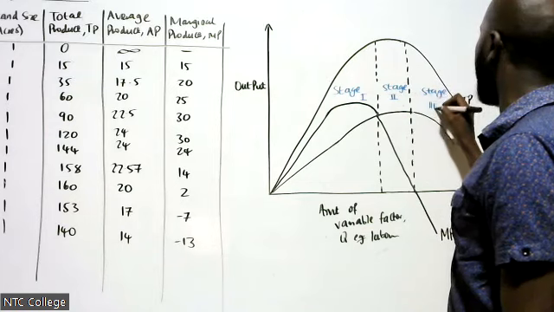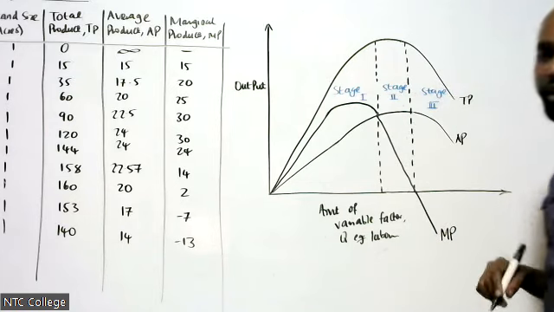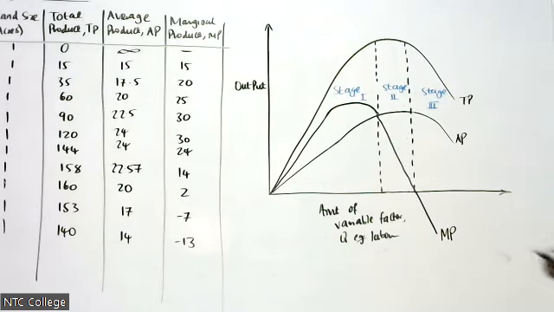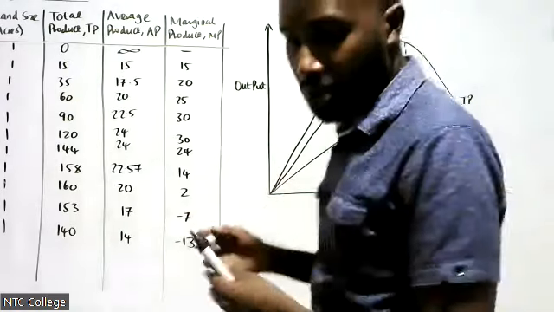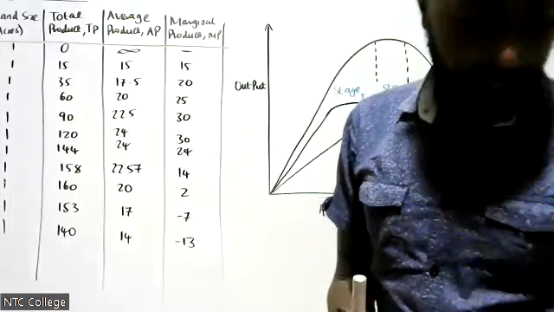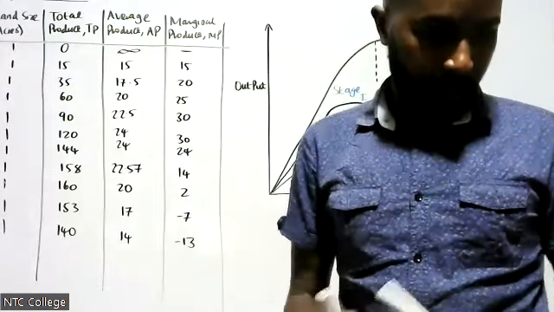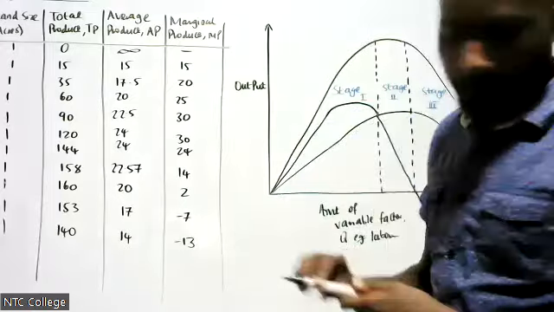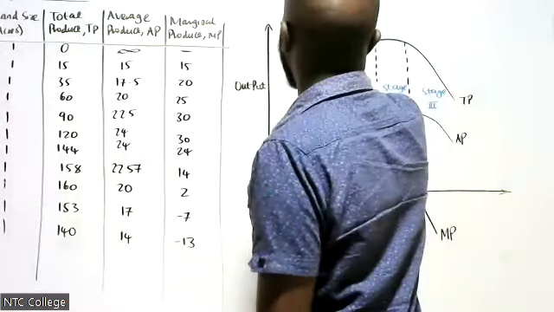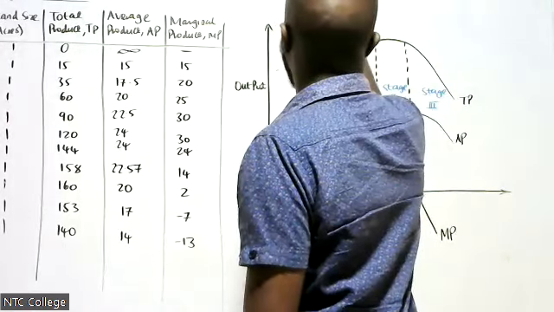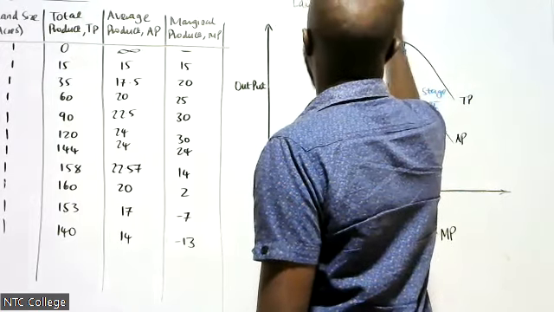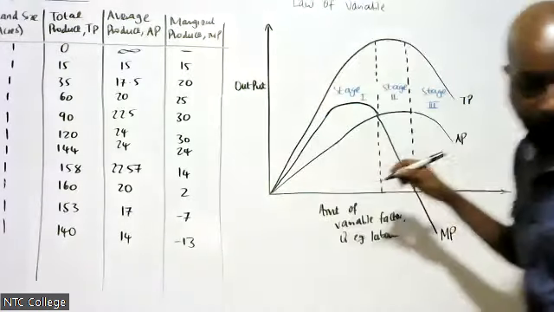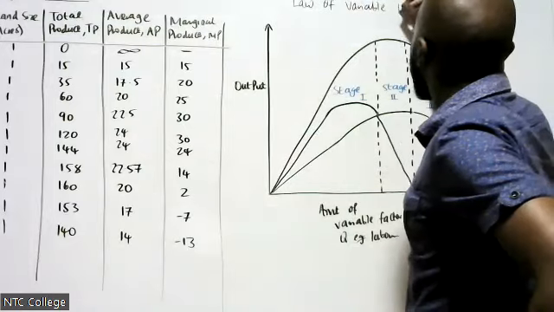Sometimes you're asked with the aid of a diagram, explain the three stages of production. So this one is the law of variable proportion and the stages of production.